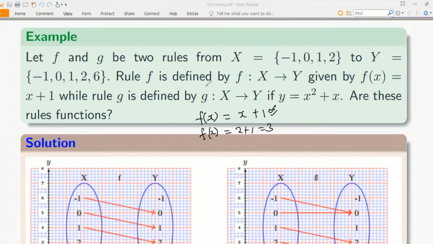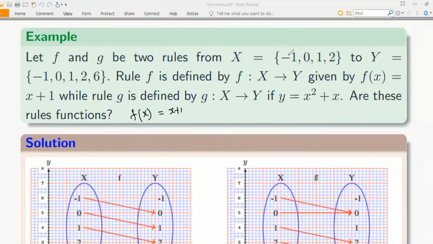So I want to see whether f is a function. Considering these objects, what will be the images? Let's just go one by one. The definition is that if the object is x, the image will be x plus 1.